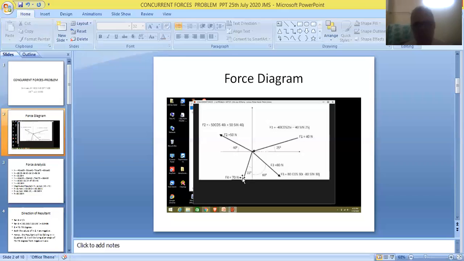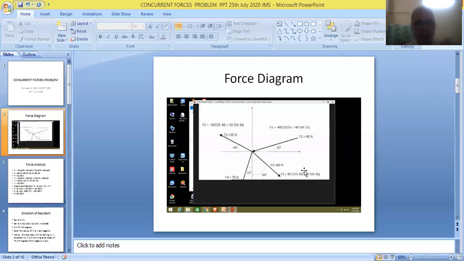So it's very simple. We are using basic rules of trigonometry for getting the values of horizontal components and vertical components of all the forces given in the problem. One more thing is that theta has to be selected.